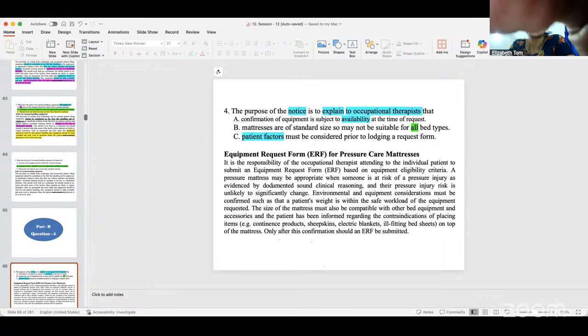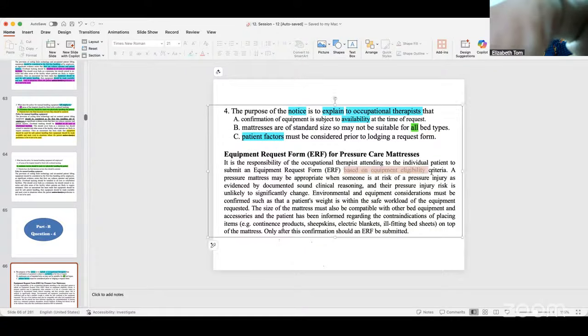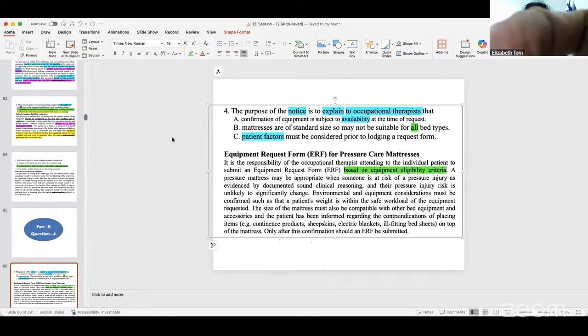Equipment request form, ERF, for pressure care mattresses. It is the responsibility of the occupational therapist attending to the individual patient to submit an equipment request form, ERF, based on equipment eligibility criteria. A pressure mattress may be appropriate when someone is at risk of a pressure injury as evidenced by documented sound clinical reasoning, and their pressure injury risk is unlikely to significantly change.